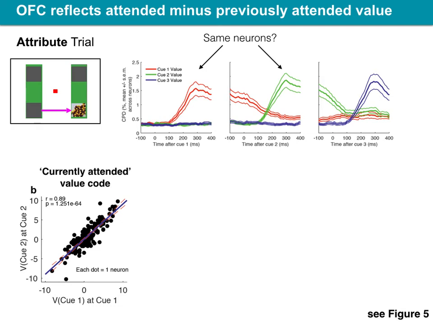The way that we do this is simply to plot the regression coefficient for the value response at each time point. What you'll find is that they're extremely strongly correlated, with a correlation of about 0.9. In other words, this is a stable population code that stably reflects the value of the currently attended stimulus across Q1 and Q2.